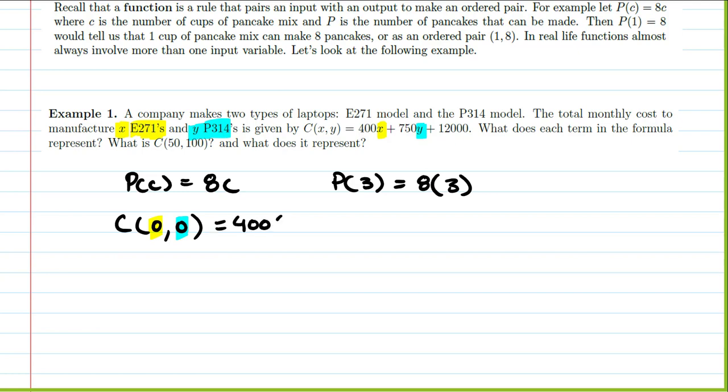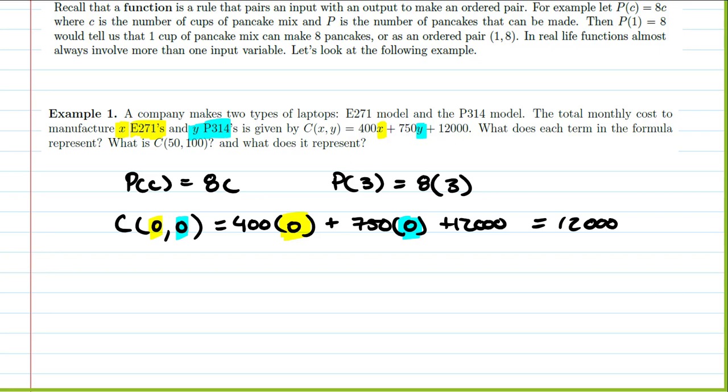I would have 400 times 0, where I replace the x with 0, plus 750 times 0, which I input for y, and then plus 12,000. Well, we like 0 because 0 times anything is equal to 0, right? So that's 0, that's 0. So what does C of 0, 0 equal?